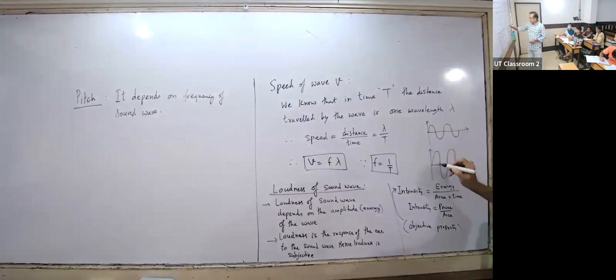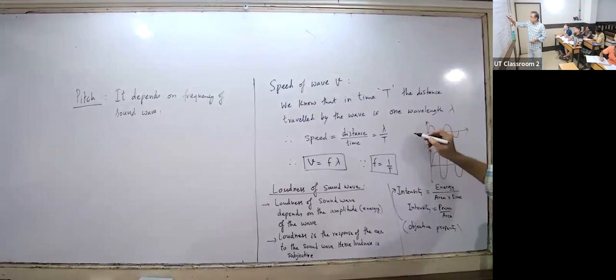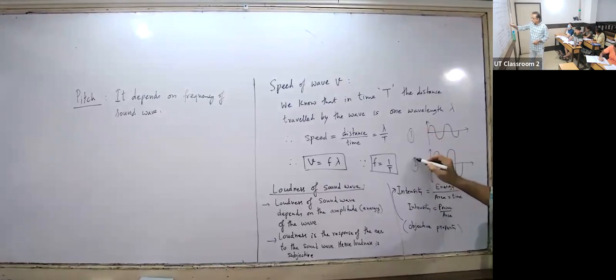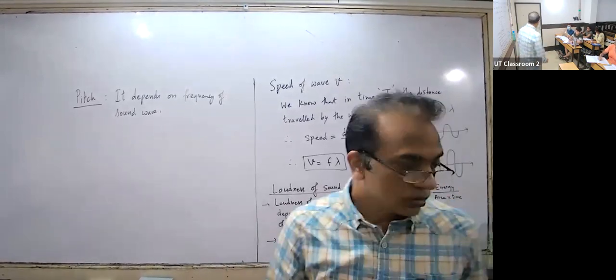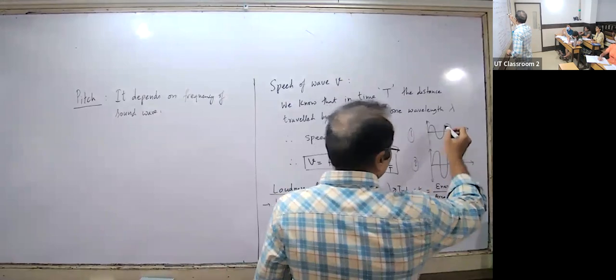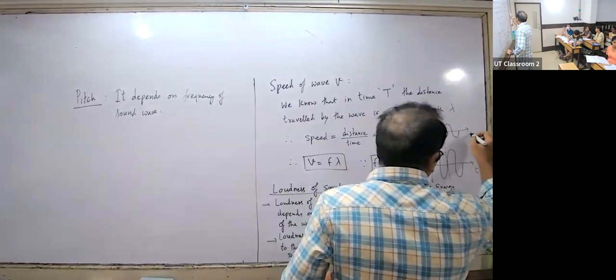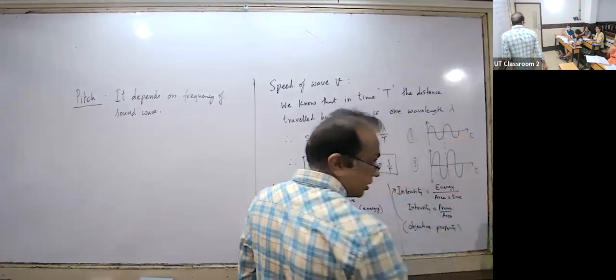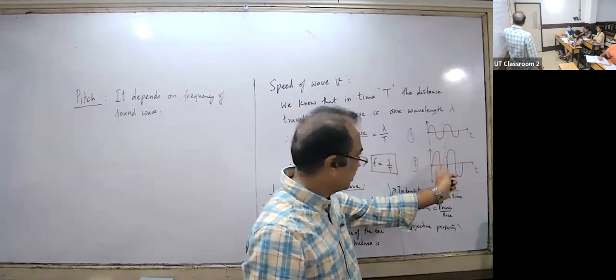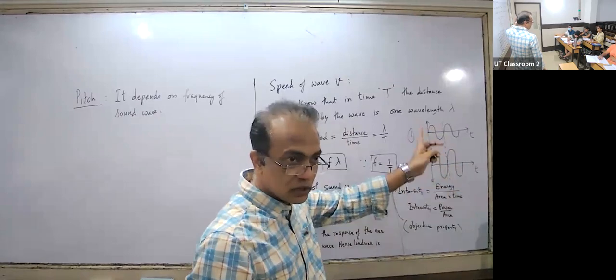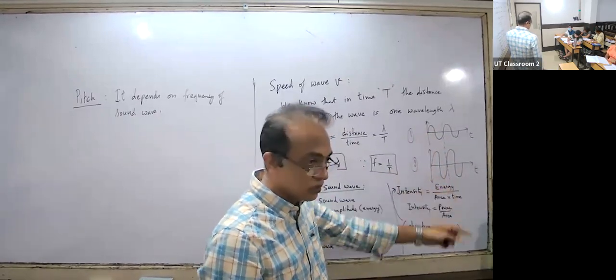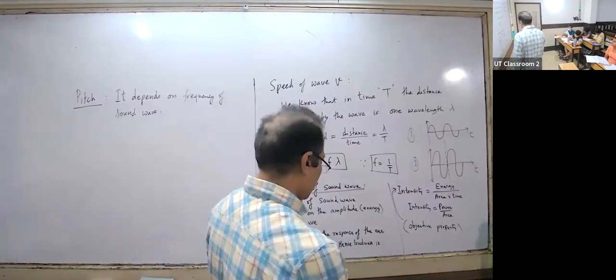Which is a loud sound? One or two? Okay. Both are completing the cycle in the same time. This is time. The cycle is completed in the same time, but here the amplitude is 4. So this is a louder sound. Right? So loud.